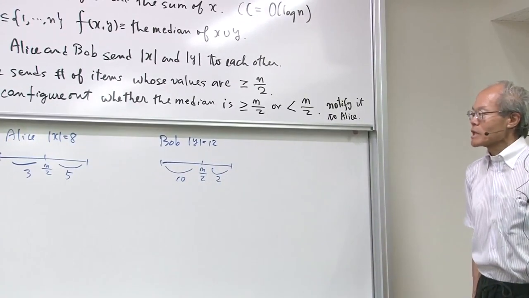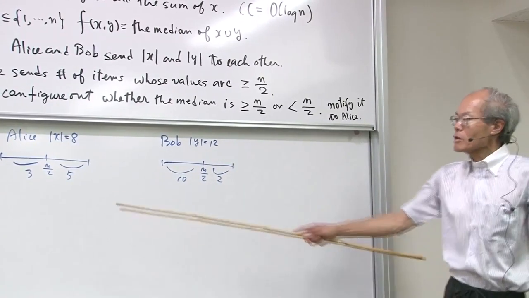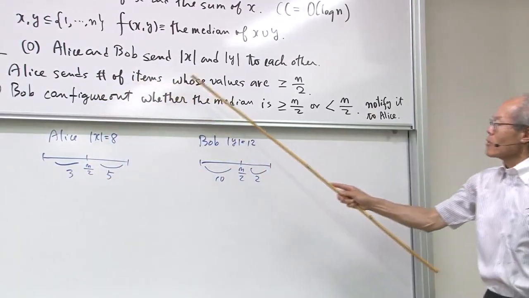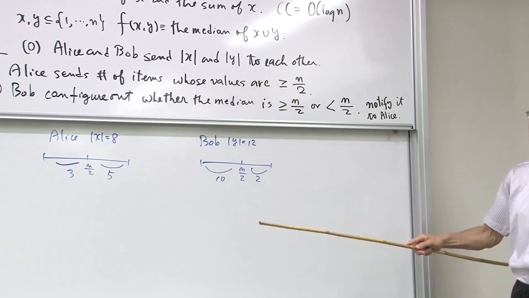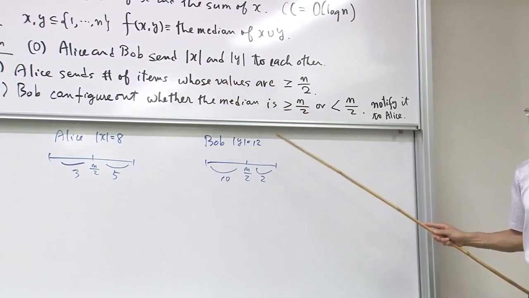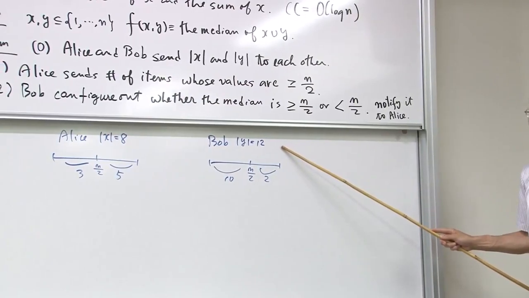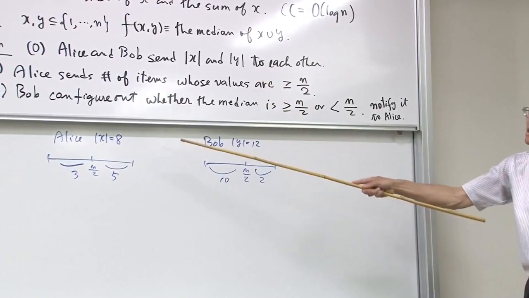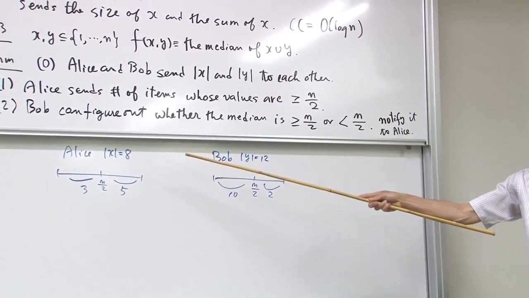And in this case, Alice sends 3, no, sorry, 5, to Bob. But remember that Bob does know that Alice has 8 numbers.